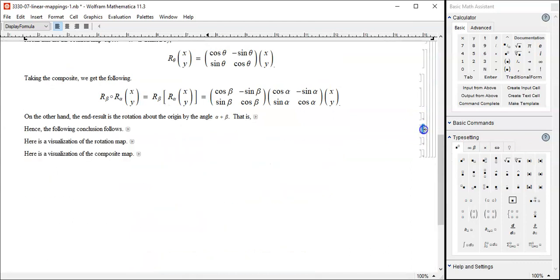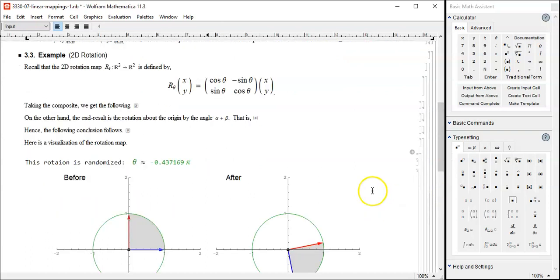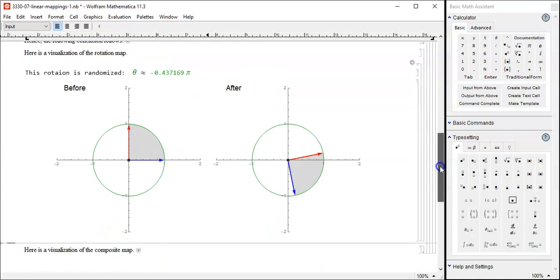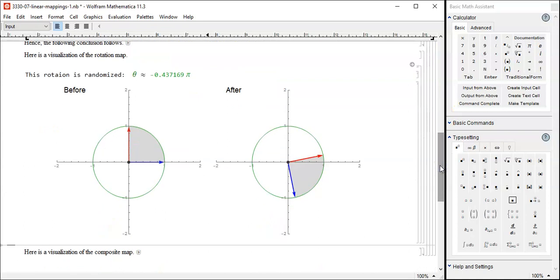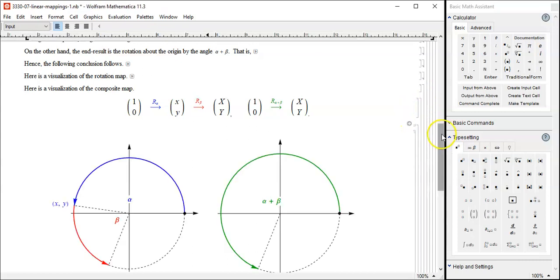It's a little bit better proof than the one we discussed earlier in the previous video, which was kind of inherited from 1600. You see, this is a visualization. In this case, negative 0.43, so a little bit less than half pi, a little less than 90 degrees, but clockwise. And then the composite map, let's see. Is there a good visualization here?